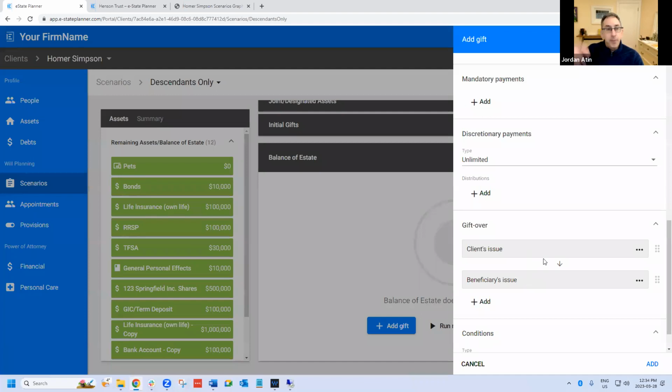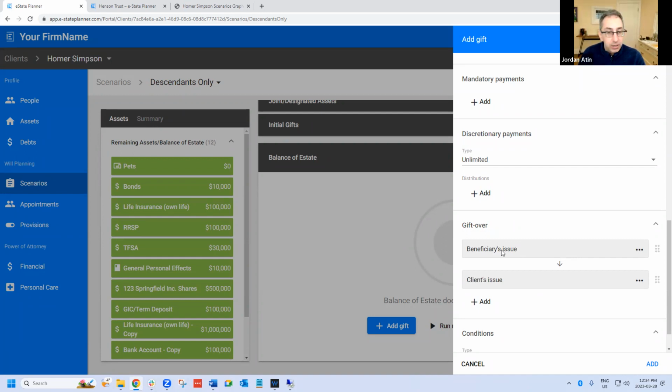Okay, so it's very important that you think through the gift over as far as what should happen in each situation. If I want the more logical gift over, which is I want to go to Bart's kids if he has any, and only if he doesn't have any descendants, any issue, then I want it going to the client's issue, then we need to order it in that order. And that's what this says.